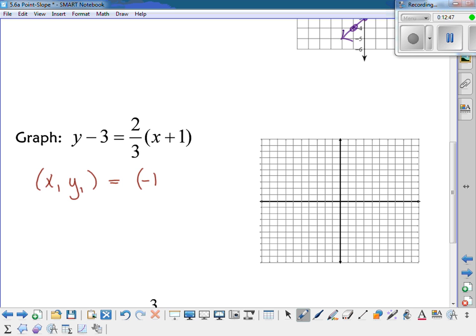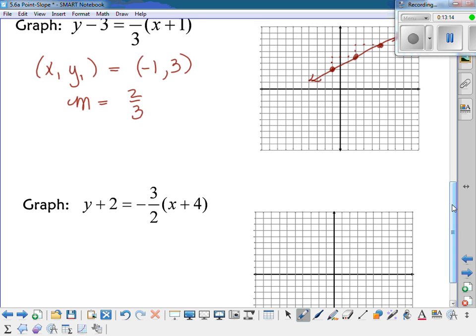And then because it says -3, that means it was a +3. And then I can see that my slope is 2/3. So I'm going to start at -1, 3, and then I will go up 2 and to the right 3. Up 2 and to the right 3. And that's how you graph that line.